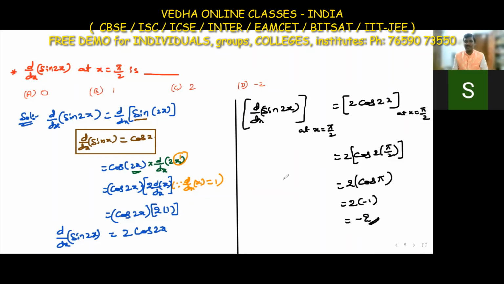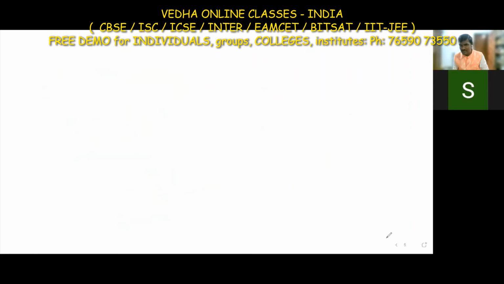Can you write the formula there? Cos 180 degrees is minus 1. Can you write the formula? Yes. Cos 180 degrees is found based on the All Silver Tea Cups rule. If you want, I'll explain that also.